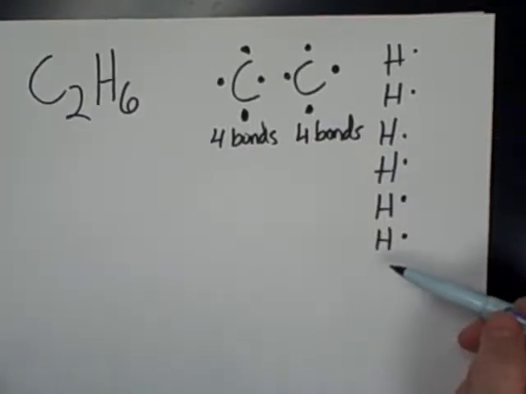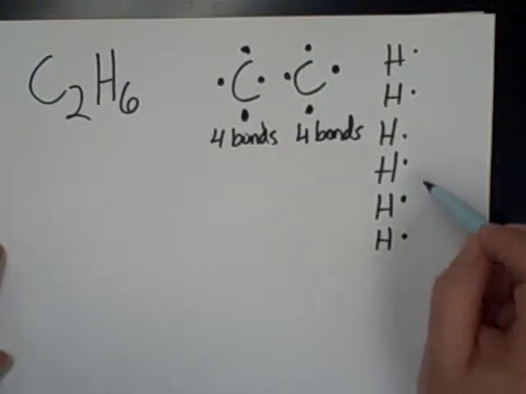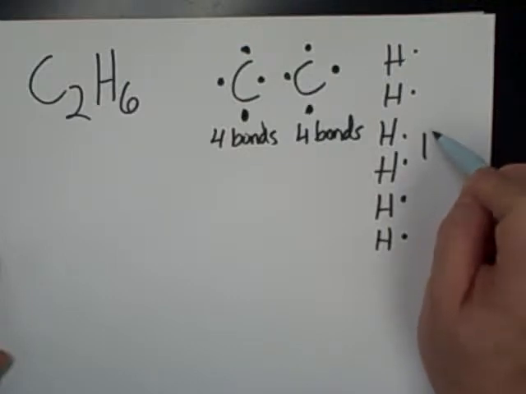Normally you would say, that takes 7 bonds to get to an octet, so you're going to need 7 bonds. That is not the case. Hydrogen is one of the two exceptions. Hydrogen only needs one more bond to get to 2. So each hydrogen needs one bond.